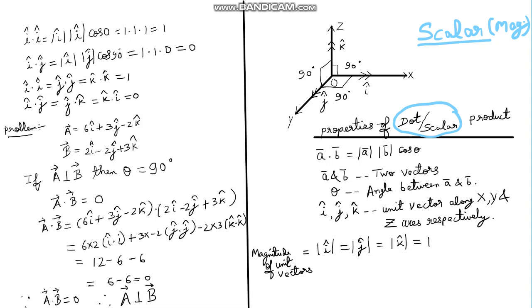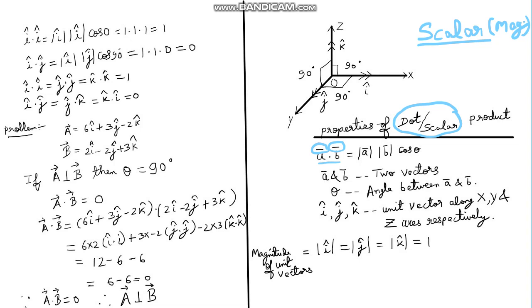Now you must know the properties of the dot product. Suppose there are two vectors. How do you identify vectors? There will be a bar over them. The bar denotes the direction.